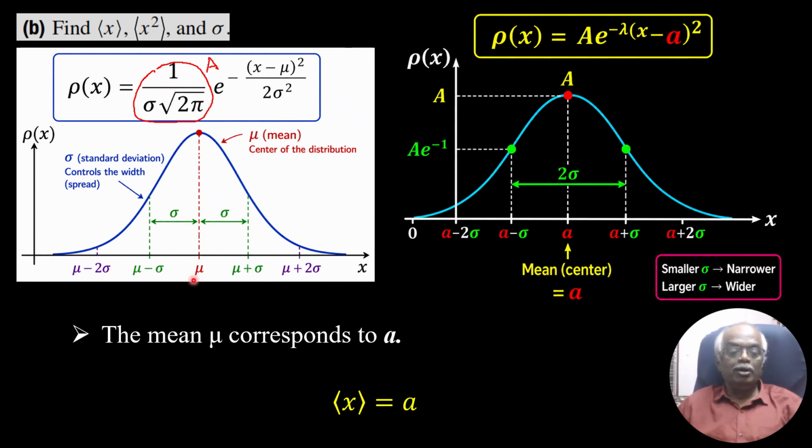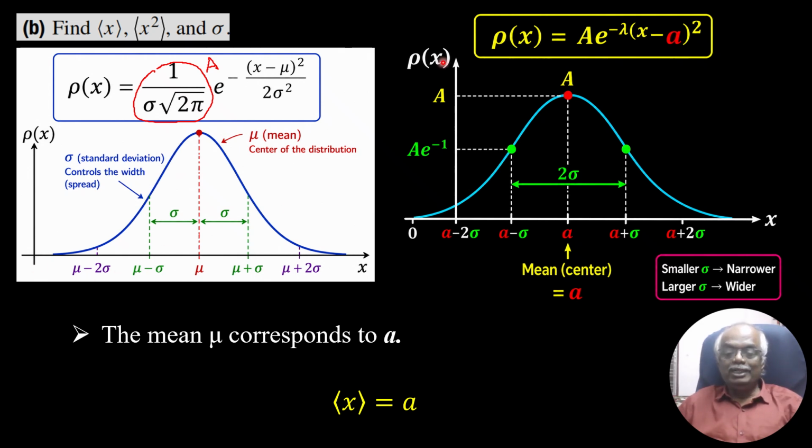So the mean value is mu. Naturally, you will add mu plus sigma, mu plus 2 sigma, and likewise it goes. Similarly, on the other side, it is mu minus sigma, mu minus 2 sigma. So it will go like this on the left side.